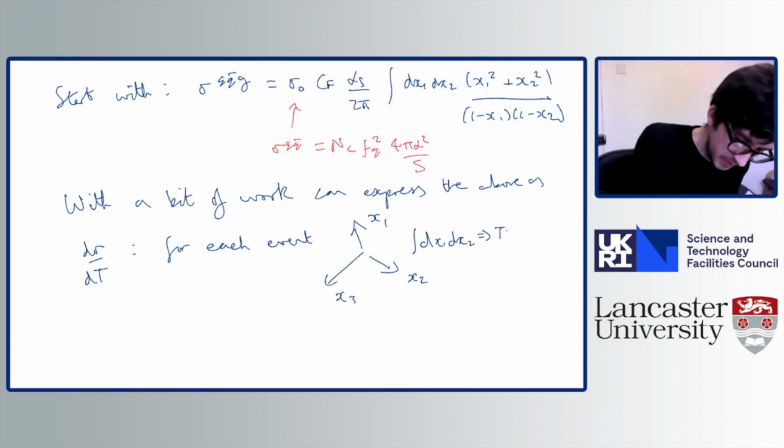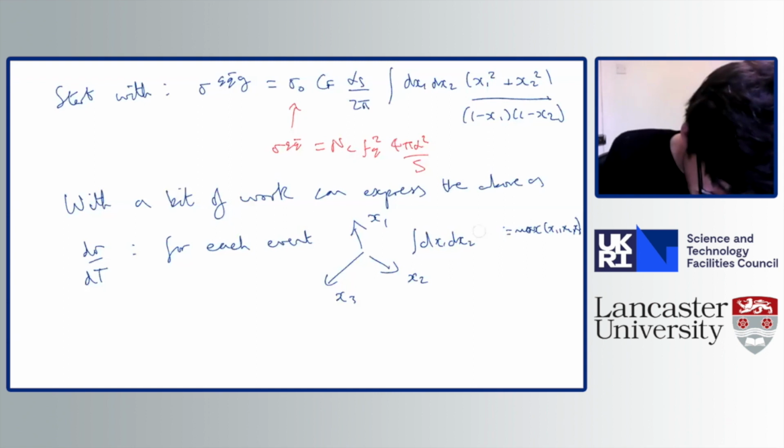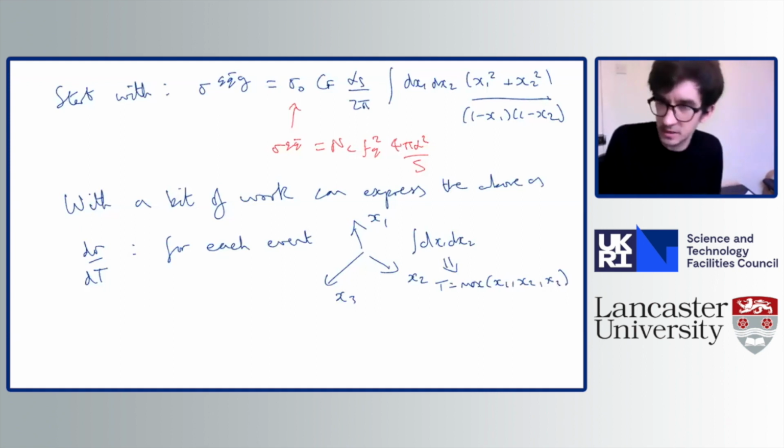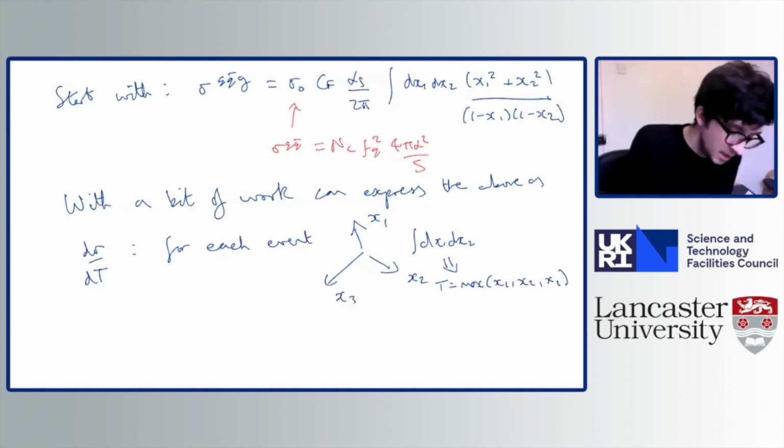The thrust is going to be, one can easily argue, the maximum of the 3. Let me write that again. That's not very clear. The thrust is the max of x1, x2, x3. Essentially, you choose your axis n to point along the most energetic particle, and then it's just given by x. So a little bit of work to show that, but essentially one just does that.